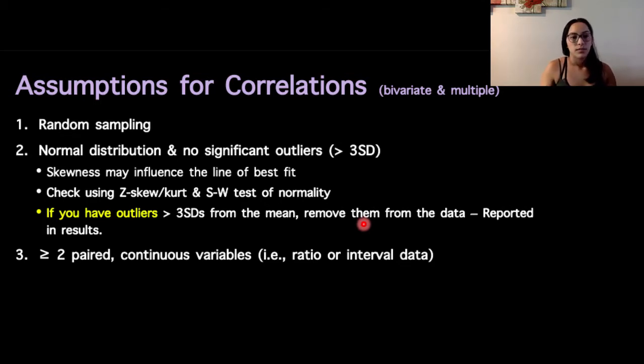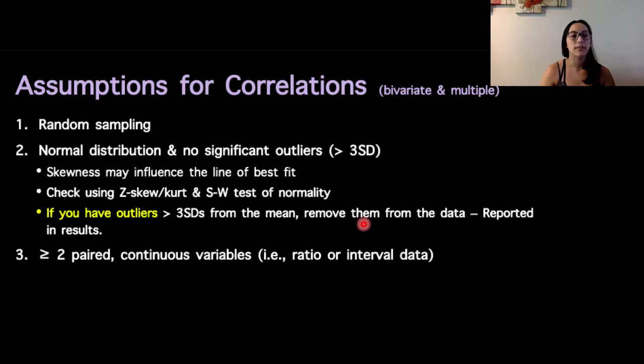So I'm going to say, relatively speaking, if you have a sample size less than 30, you would want to do the normality check, make sure you don't have outliers. If you do have a sample size of 30, I think it's a good thing to check normality and to see if you have outliers, but take that information with a grain of salt.